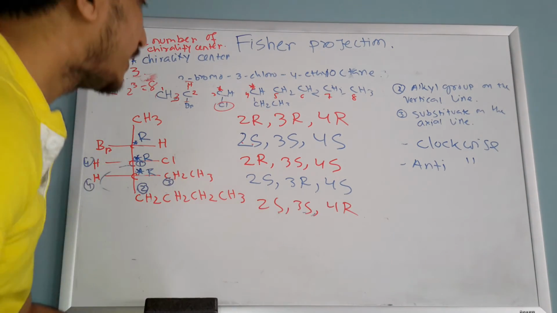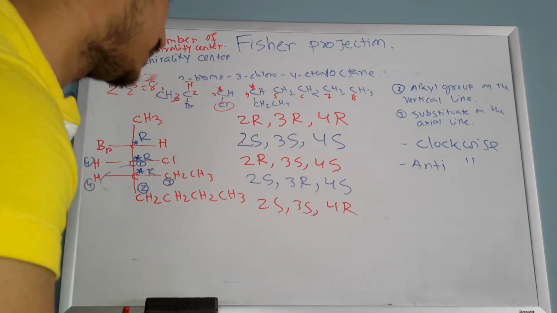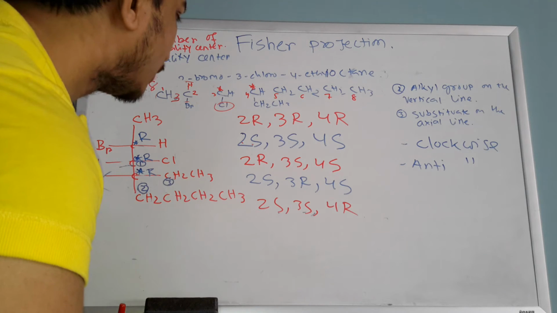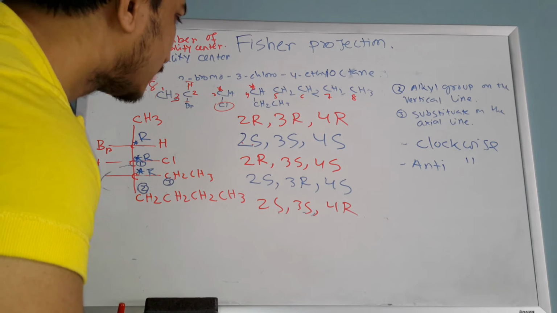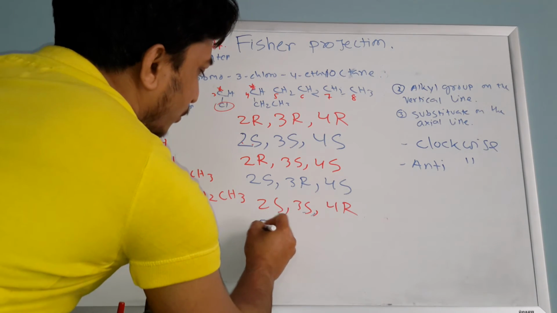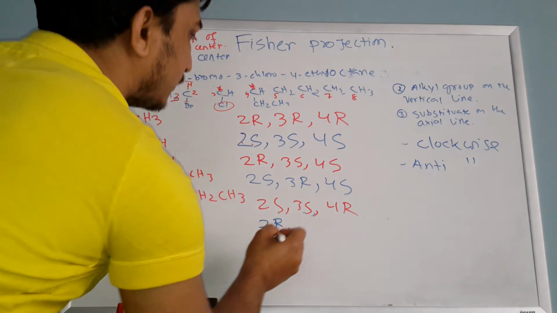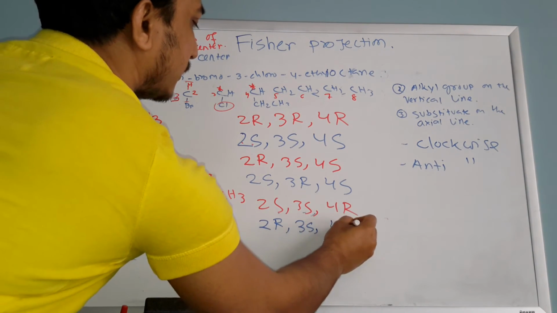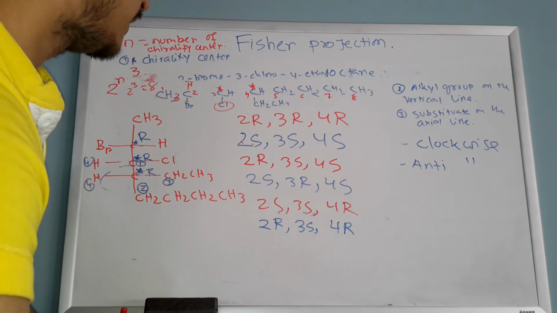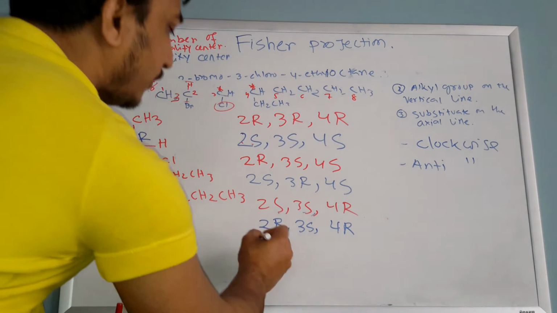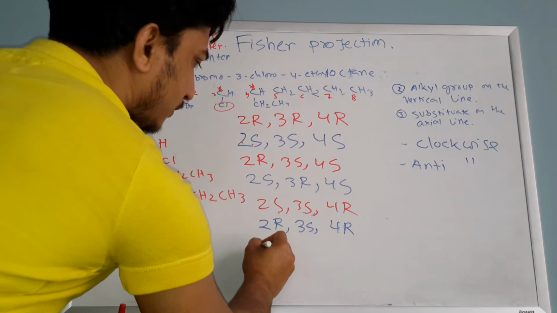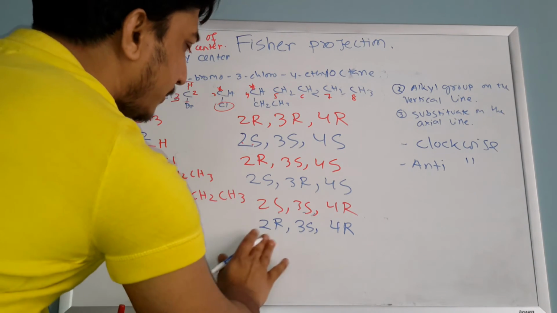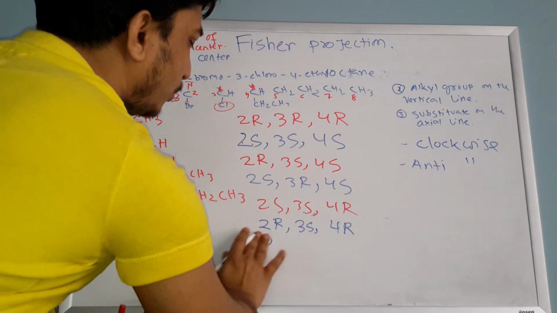2S, 3S, 4R and 2R, 3. Okay, we'll find out this one. Then you can make 2R, 2S. Okay, then you can make 2R, 3S, 4R. Then you can make 2R, 3S. Okay. Then you can make 2S.